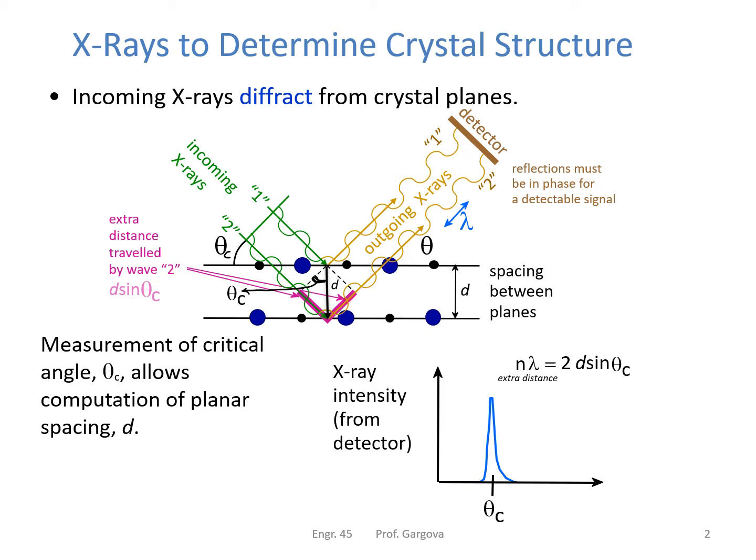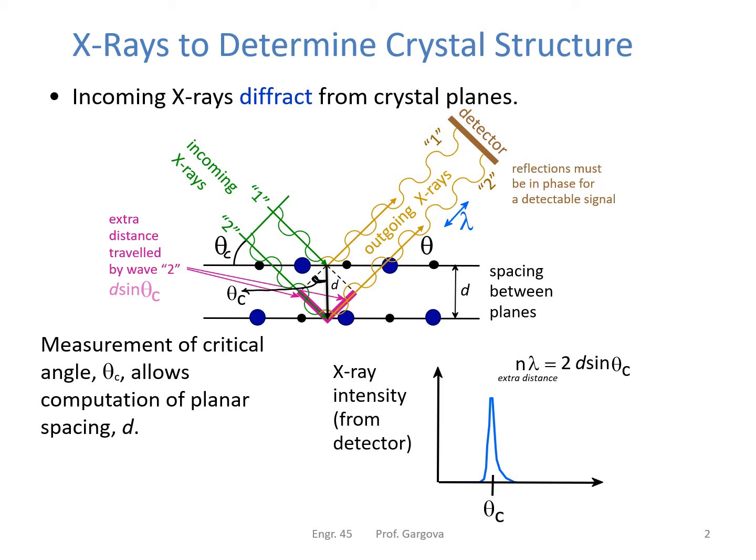If we denote that as theta c and treat this as a right triangle, the angle here would be 90 minus theta c. Since all angles in a triangle have to equal 180, this other angle would also be theta c.